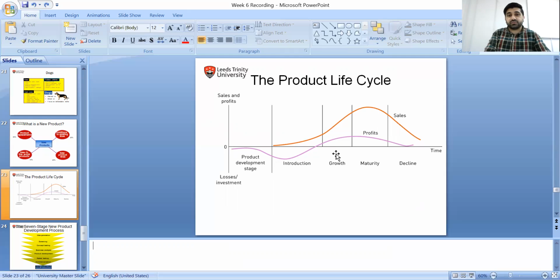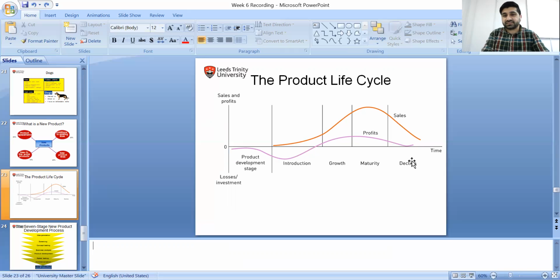At growth level, we can see here the sale goes up as well as profit has been increased here. However, in maturity stage, you can see the profit margin has gone up and there is a peak in sale at maturity level. However, a time comes when the decline has been started.